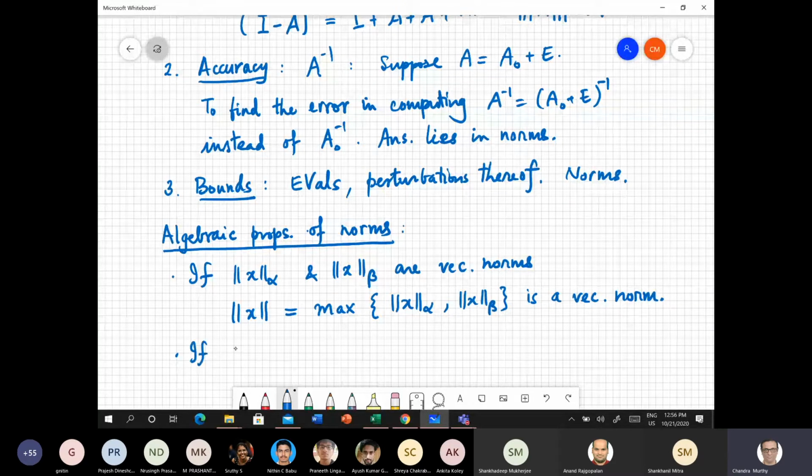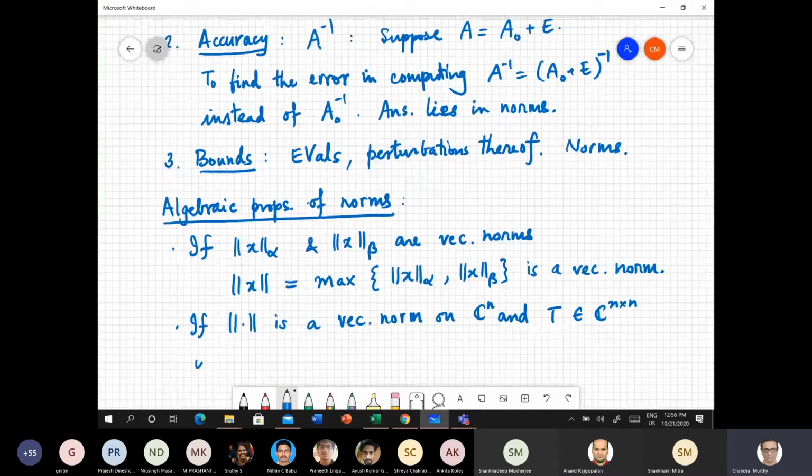Similarly, if this is a vector norm, say on C to the n, and T in C to the n cross n is non-singular, it's a non-singular n cross n matrix.